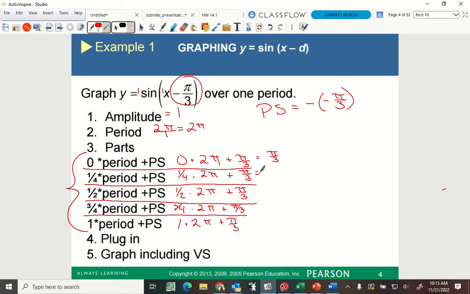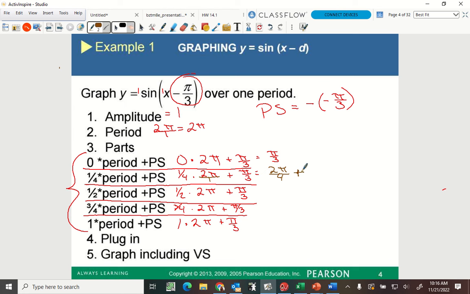Very good, pi over 3. Now this next one. Remember, the 2 pi could be written as a fraction, 2 pi over 1. I'm going to leave it as over 4 for right now, so it's 2 times 1, 2 pi on top, over 4 times 1, 4.